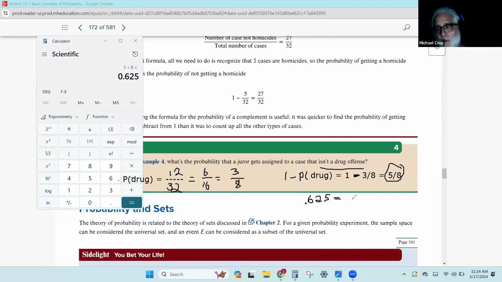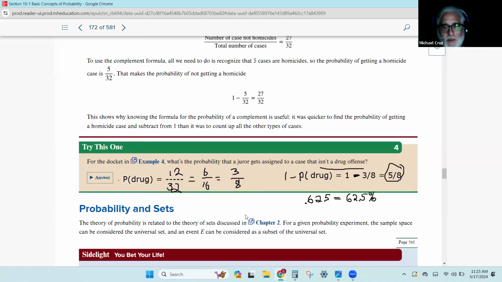So there's your decimal. So that's the basic of finding a probability.